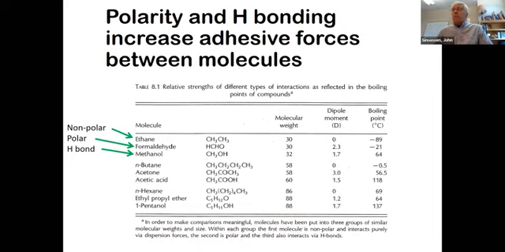And sometimes, if you get into this, people may tell you that you can have negative van der Waals forces, but that's not really true. The only way is if you have 3 different phases, like oil and water and air, you can have a situation where it appears that there are negative van der Waals forces, right?